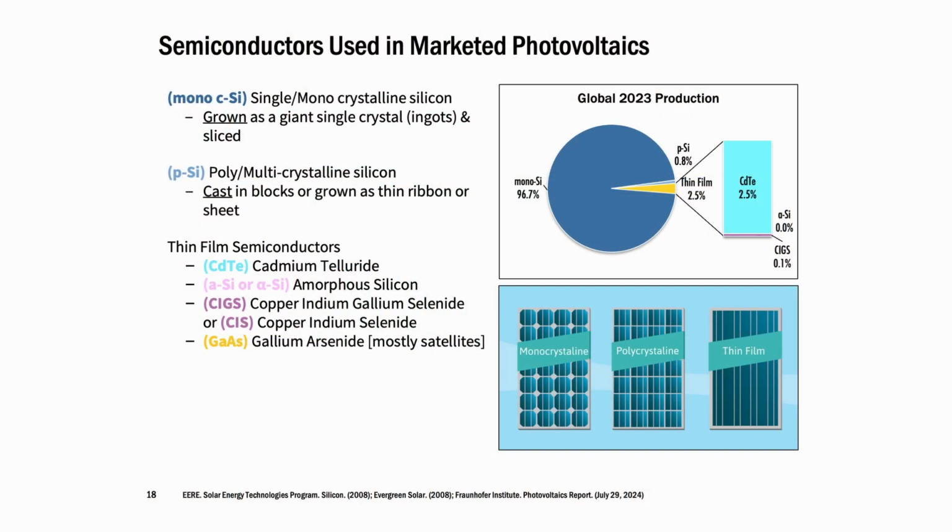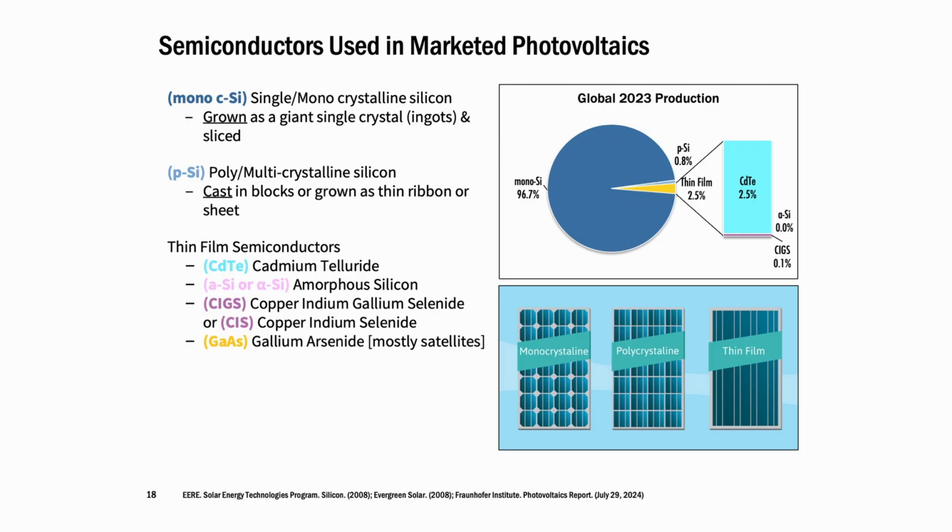So there are a variety of different semiconductor materials that are used in solar PV. And the most common material used in over 95% of applications today is silicon, of which you really have two different types. You've got monocrystalline silicon and polycrystalline silicon. That's mono-Si and poly-Si.